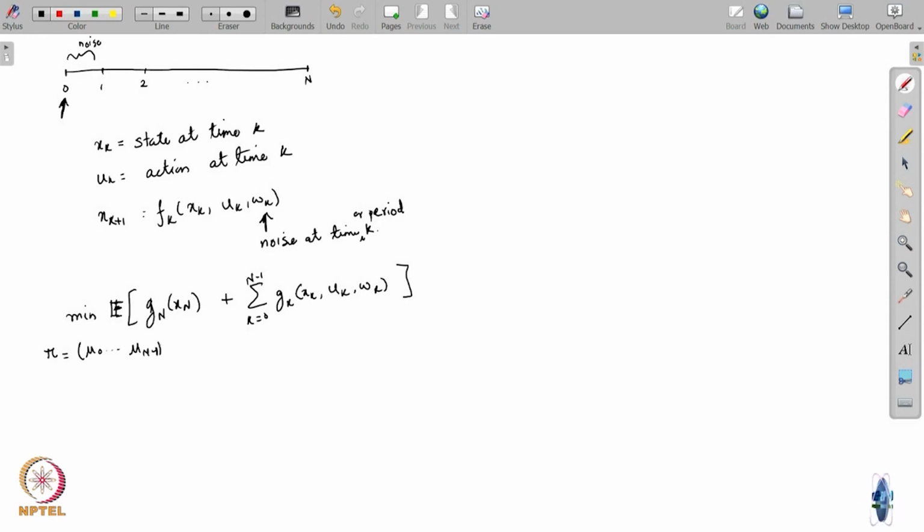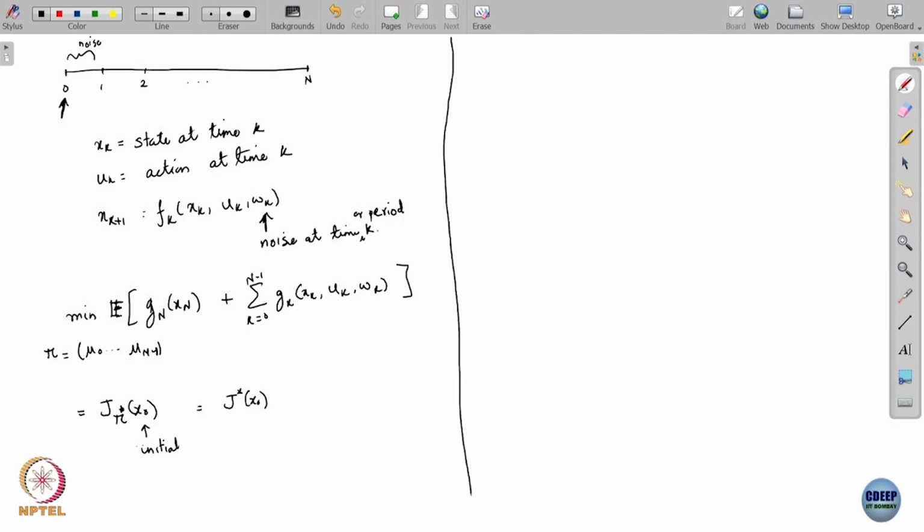Now, we notice that the cost that we would incur would be a function of the policy and the initial state, and so the optimal cost was the cost of the optimal policy. This was denoted by J star of x 0.